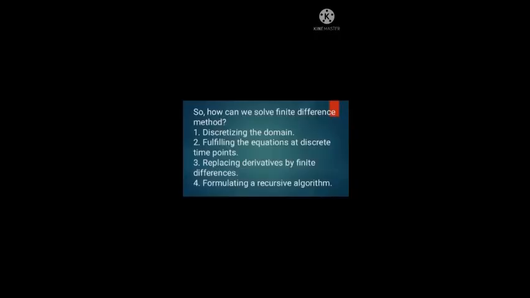The finite difference method proceeds by replacing the derivatives in the differential equations with finite difference approximations. This gives a large but finite algebraic system of equations to be solved in place of the differential equation.